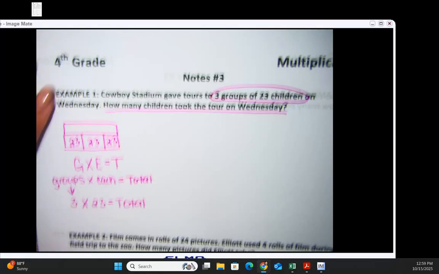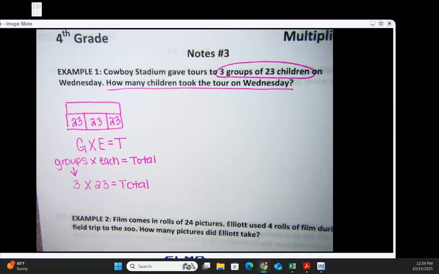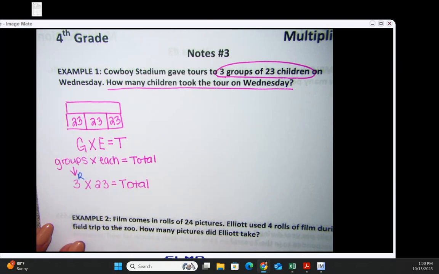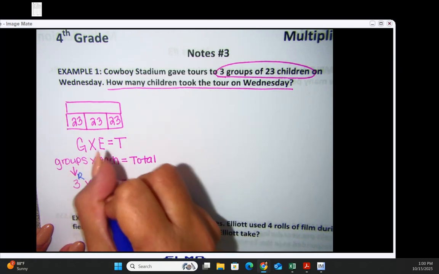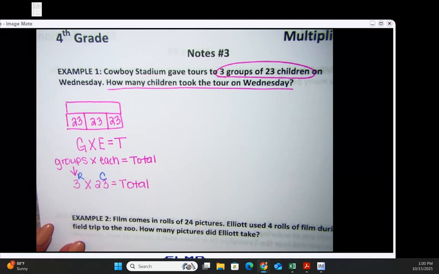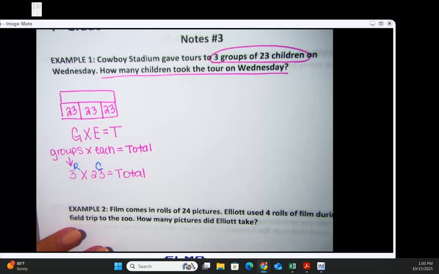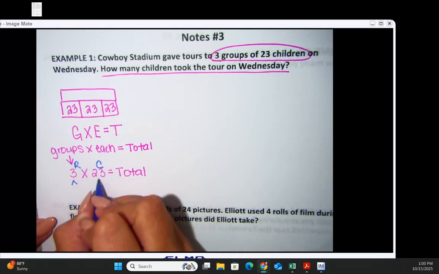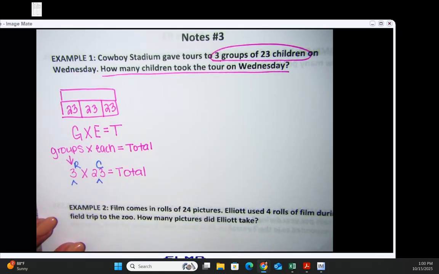So, if I'm going to multiply, we're starting with our area model. Remember, your first number is always your rows. Your second number is always your columns. Row your boat gently down the stream. Now, I need to expand these numbers.